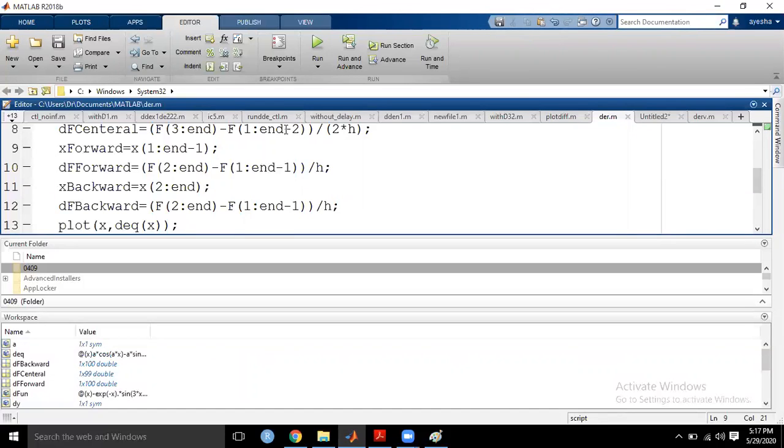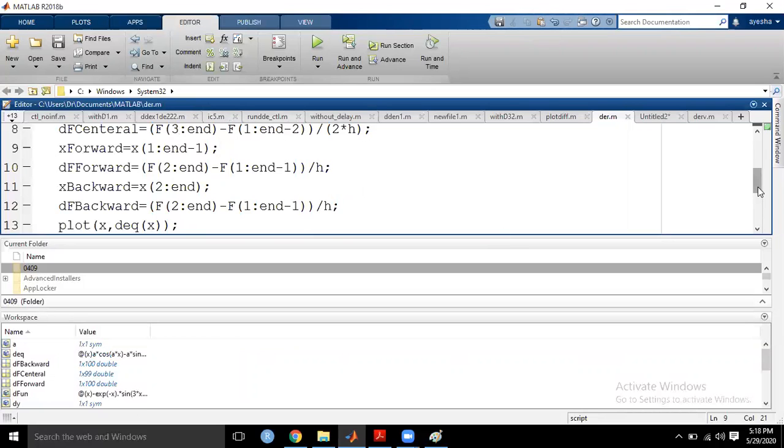Why? Because we have to keep in mind that the step size is 2h. Okay, so that is why we have designed the formula likewise. For example, 3 minus 1, then here you will have 4 minus 2, then you will have 6 minus 4, and so on. Okay. So now let us see what we get.